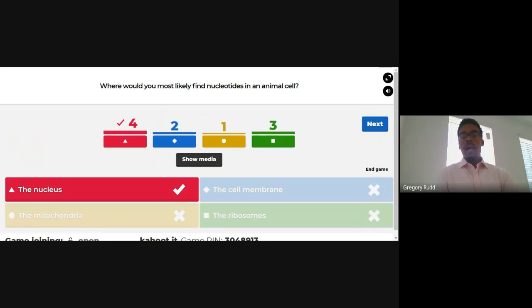They are the building block. They are the monomer for nucleic acids like DNA. And of course, DNA is found in the nucleus. And it's also important to note that we should start to make these connections between these words. So nucleotides and nucleic acids and the nucleus. They all start with NUCLE.